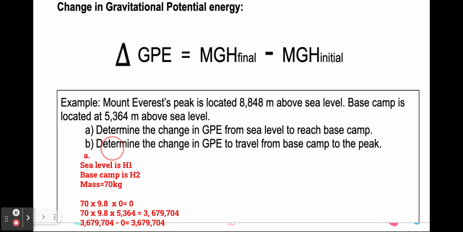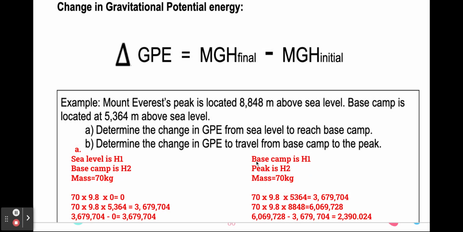Then it asks for a second problem, determine the change in gravitational potential energy to travel from base camp to the peak. So our starting height is now base camp, and our ending is going to be at Mount Everest's peak. We're going to assume 70 kilograms again. So I'm going to just solve this twice. 70 times 9.8 times 5,364. That's base camp. That's the same number we just calculated, so I just copied that over.